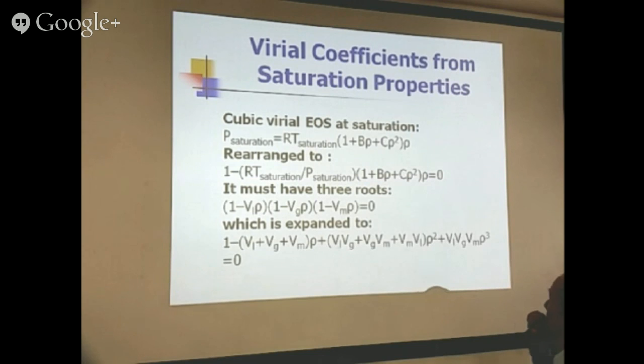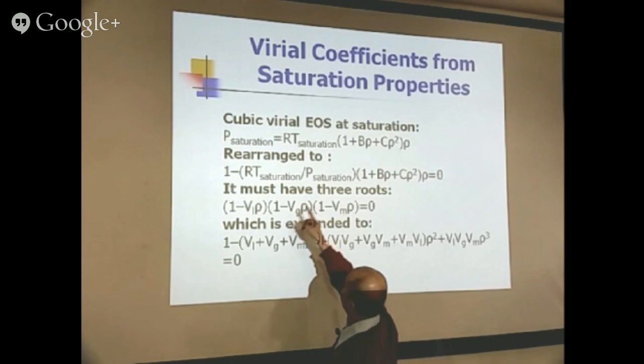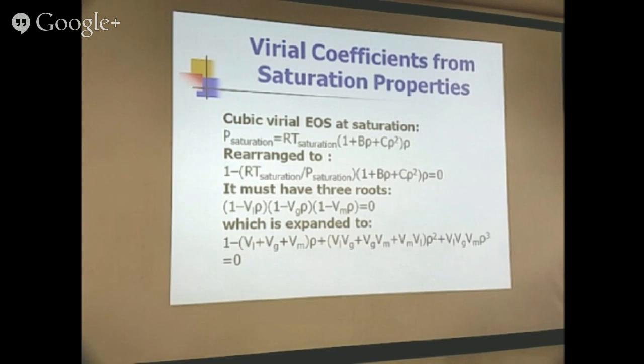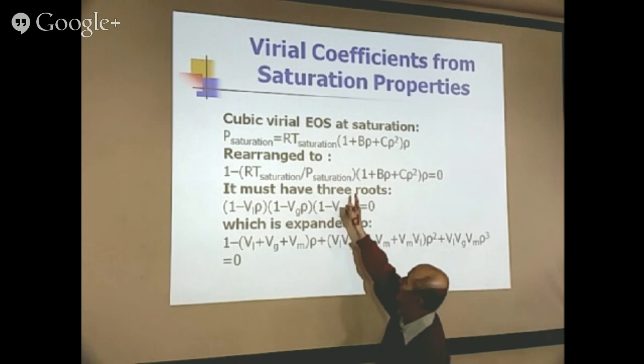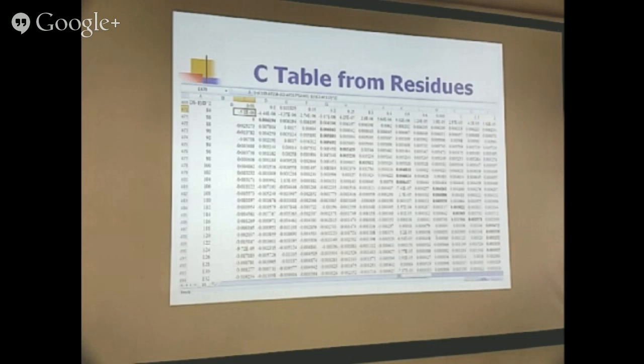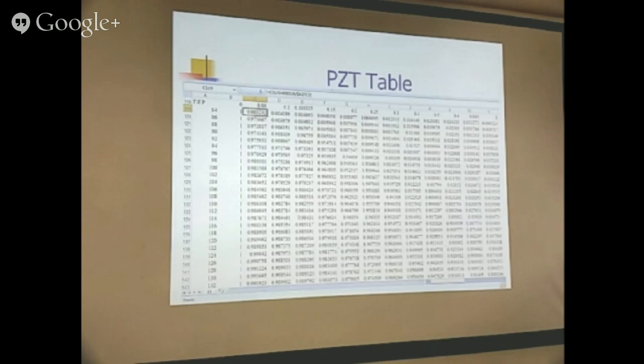So if we rearrange this equation to put everything on the left-hand side of the equal sign, you have this cubic equation. This is an isotherm. It must have three roots in the saturation pressure. Let me go back to an earlier picture to show you exactly what I mean.